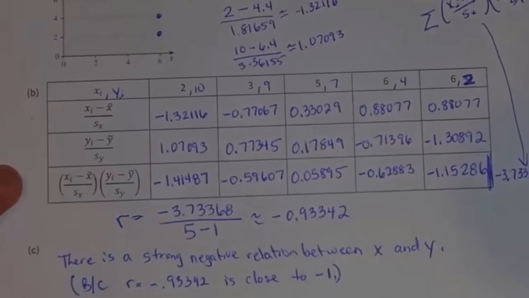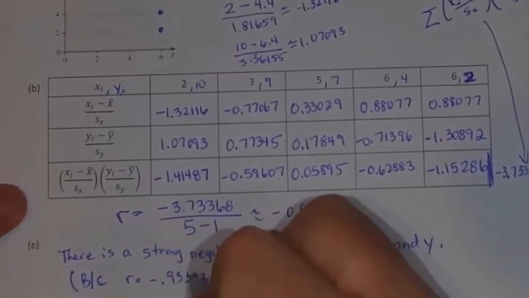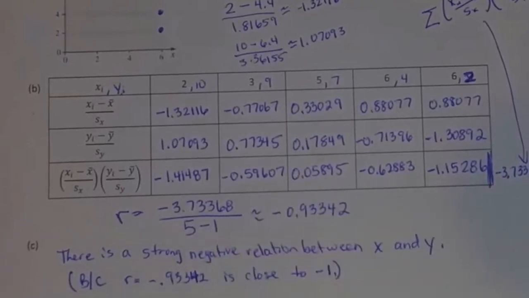That's how come I know it. R is close to -1, so that indicates that we have a negative association, and it's a fairly strong one. If R had been close to +1, then we would say we have a strong positive association. If R is close to 0, then we would say there's not a linear relation.